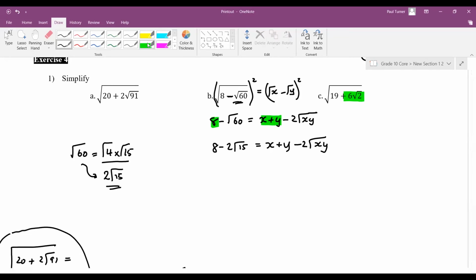So now, let's go back and relate them: 8 and x plus y, and 15 and xy. So x plus y equals 8, equation 1, and xy equals 15.